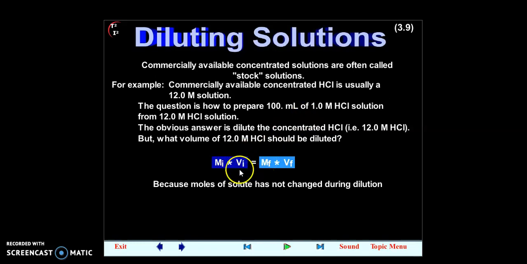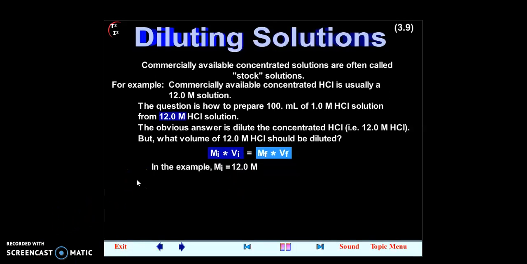You can easily get your Vi. So in the example, Mi equals 12 molar. Our Vi is to be calculated. Our Mf, the final molarity, is 1.0. Our Vf, final volume, is 100 ml.